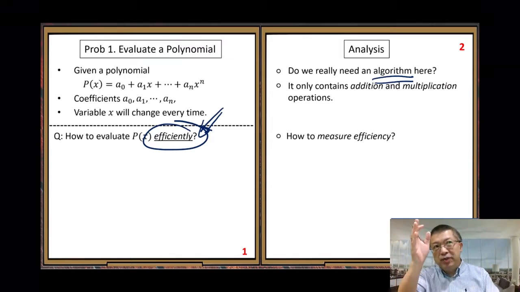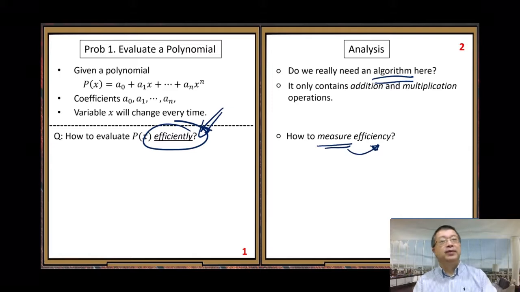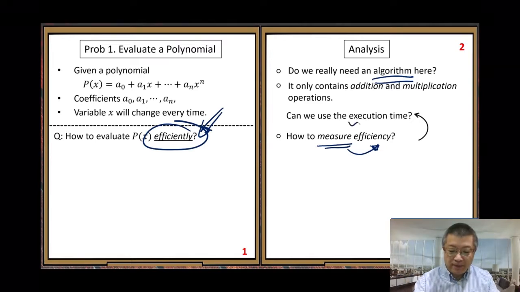So the first question, because when we talk about efficient evaluation, how do you measure efficiency? How do you know one algorithm is more efficient than another one? So you need a special measure for that efficiency. The first straightforward answer, execution time. We can look at the running time.